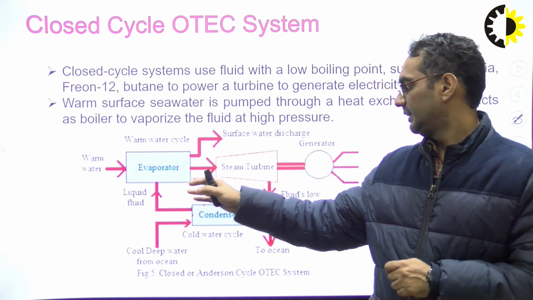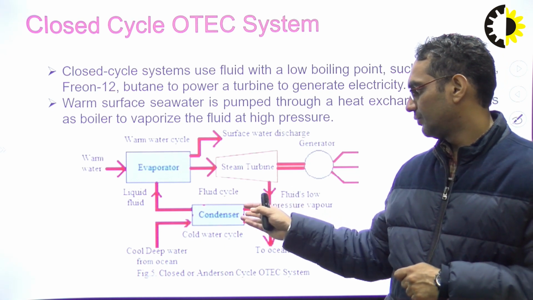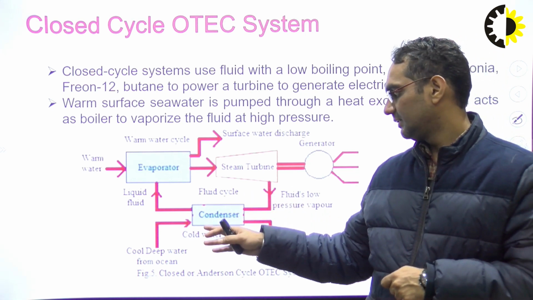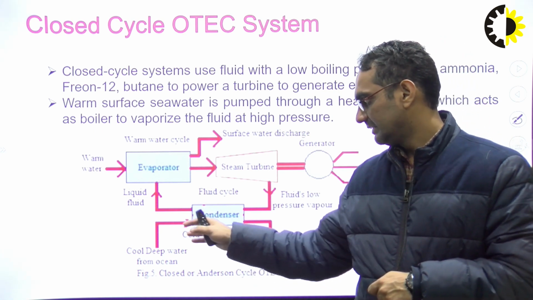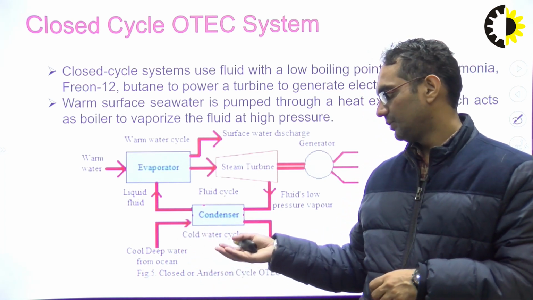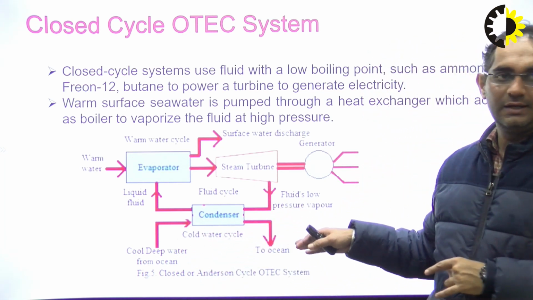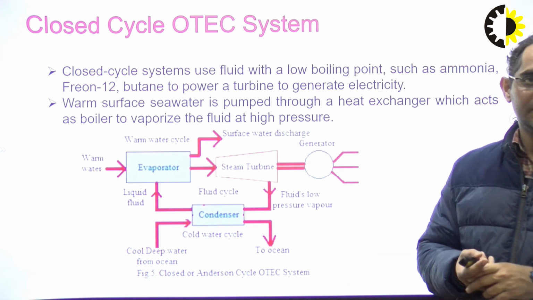Here we can see that the working fluid from the turbine comes to the condenser and gets recirculated to the evaporator, and cold deep water is extracted from the ocean and returned to the ocean after condensing.